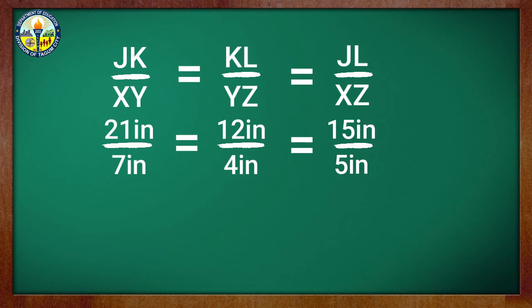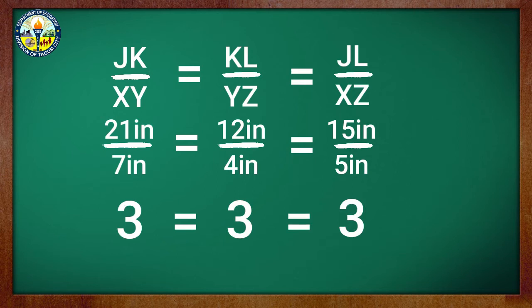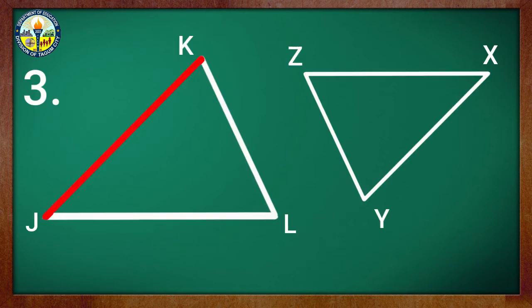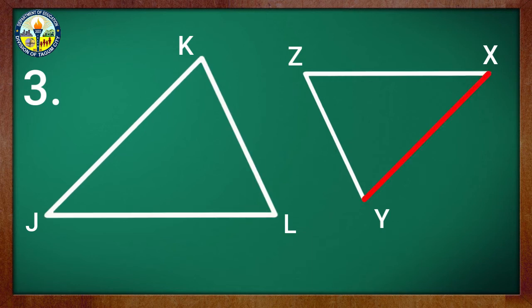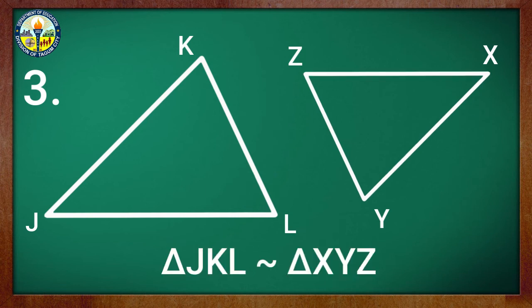The units of measure are cancelled out, and we reduce each fraction to its lowest term, leaving us with 3 equals 3 equals 3, which proves that the three sides of triangle JKL are proportional to the corresponding three sides of the triangle XYZ. Thus, triangle JKL is similar to triangle XYZ.